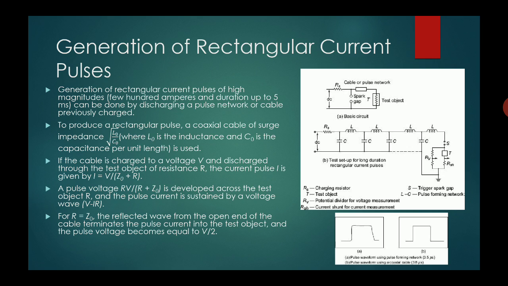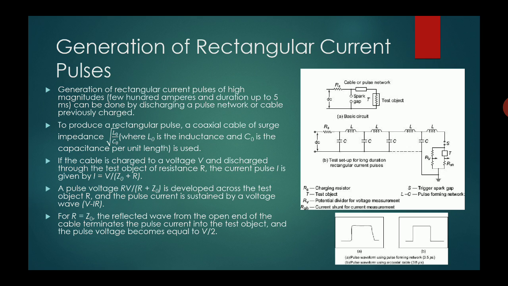How can we get the current pulse? We need discharging of a pulse network or a cable. For a rectangular pulse, we have a coaxial cable of impedance √(L0/C0), where L0 is the natural inductance of the cable and C0 is the natural capacitance of the cable. √(L0/C0) is nothing but the surge impedance.